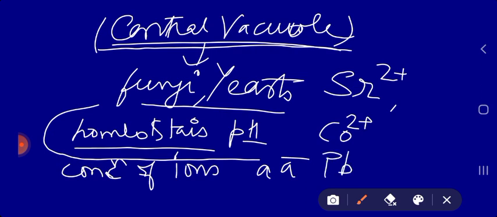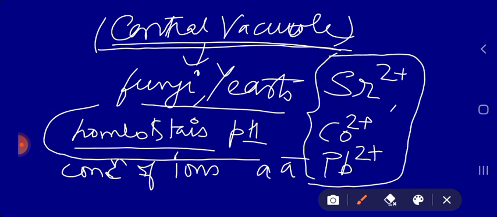Lead is a heavy metal, as you know. So these toxic ions are stored in the central vacuole and separated from the rest of the cell. Okay, so this was about the central vacuole.